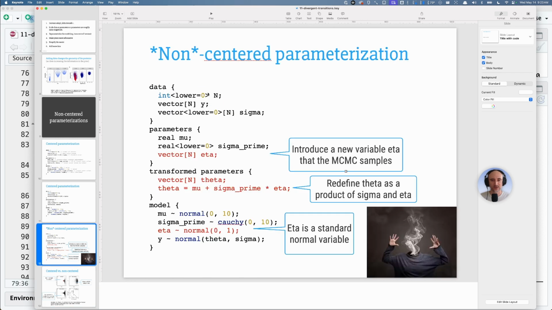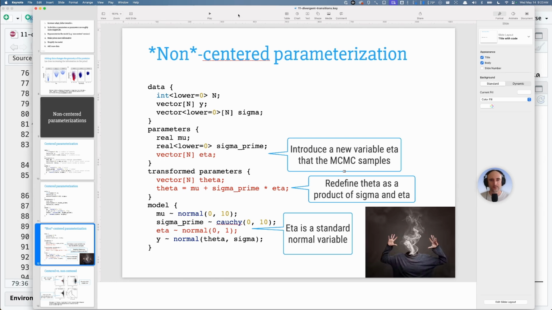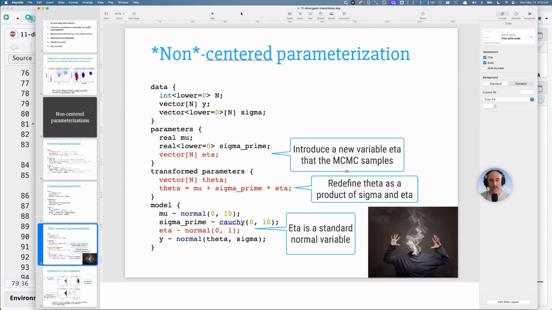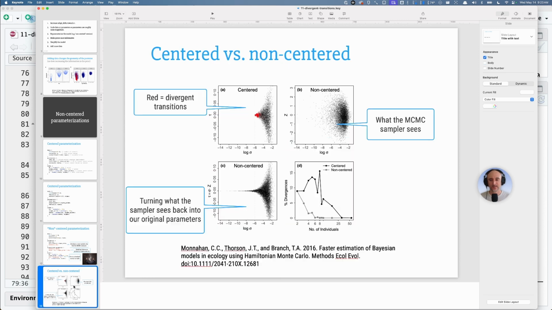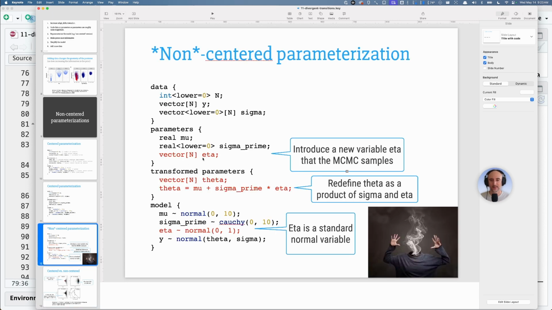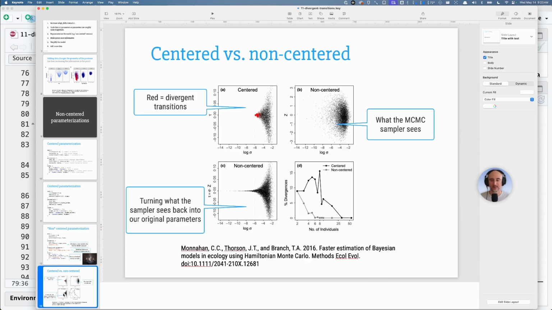This second version, called a non-centered parameterization, was originally called the Matt trick, because Matt Hoffman came up with the idea, I think, in the Stan community. But they call it the non-centered parameterization. That creates this here. So this on the y-axis would be the equivalent of our eta. That is this thing right here. And we still have log sigma on the x-axis.